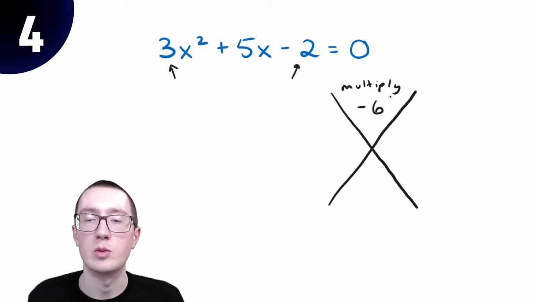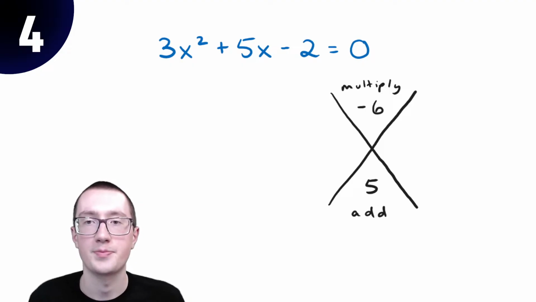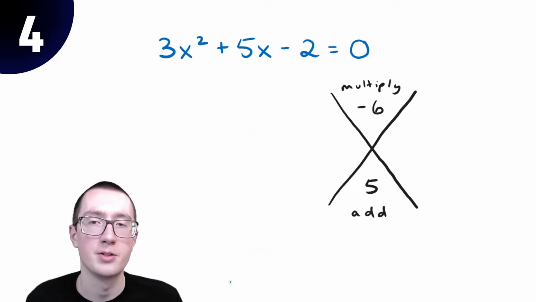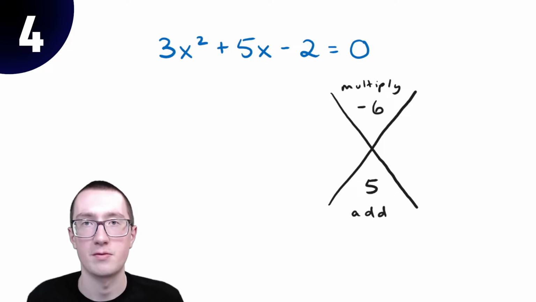We're going to find two numbers that multiply to negative 6 instead of negative 2. This number here stays the same, positive 5, and that's still our adding number. So we need to find two numbers that multiply to negative 6 and add to positive 5.